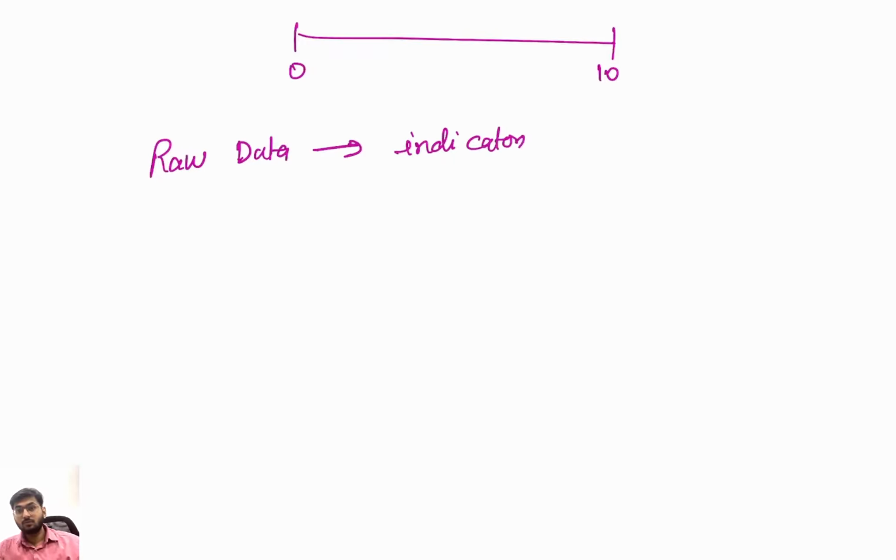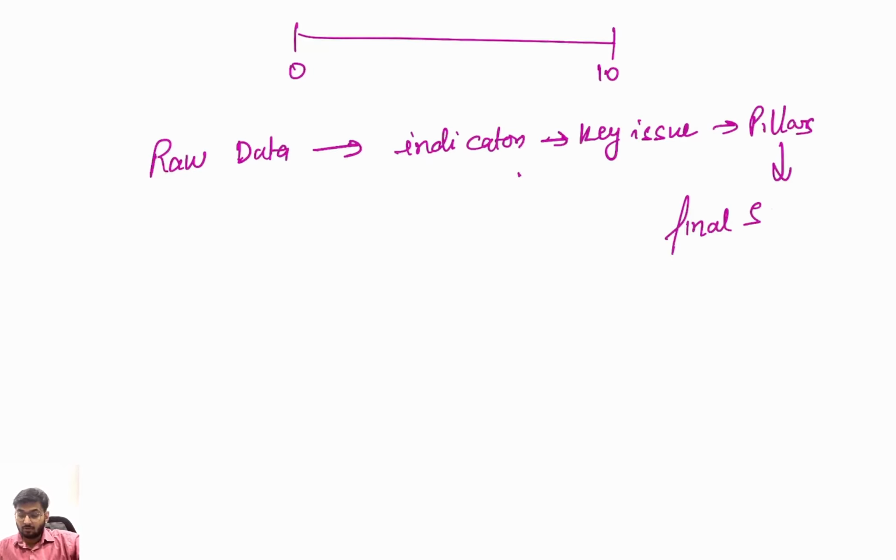I'll explain each and every step, but I'm giving you a preliminary understanding first. The indicators will be transformed into key issues, and then the pillars, and then you are going to get the final score, that is your final ESG score. Clear?